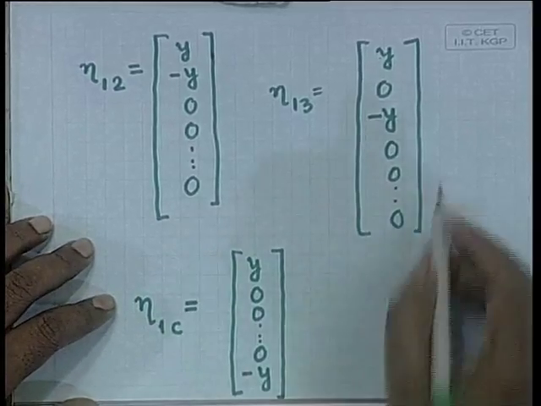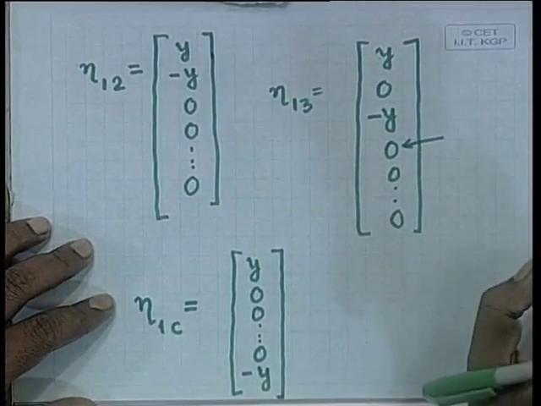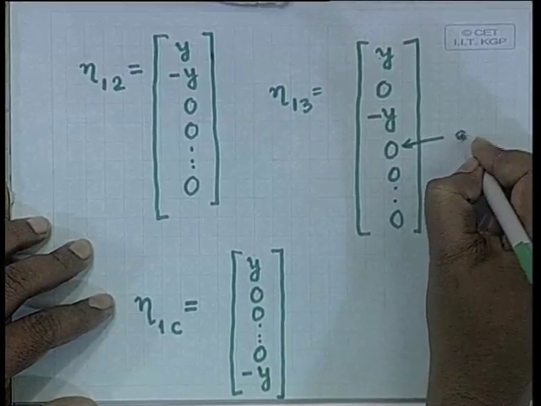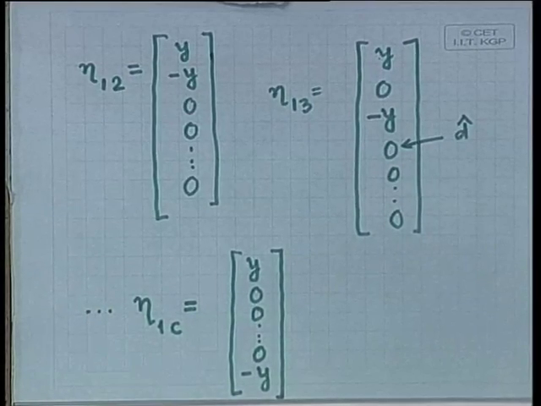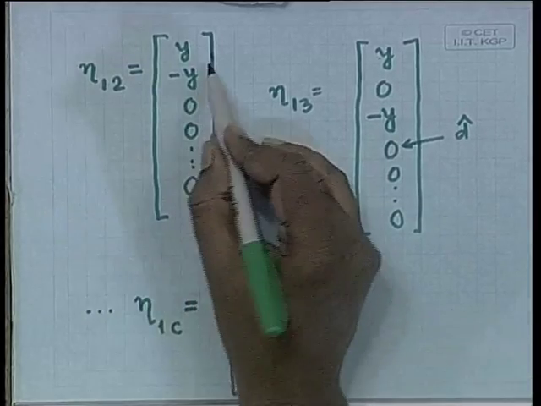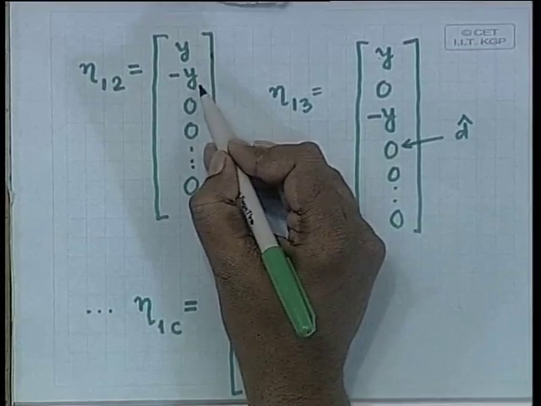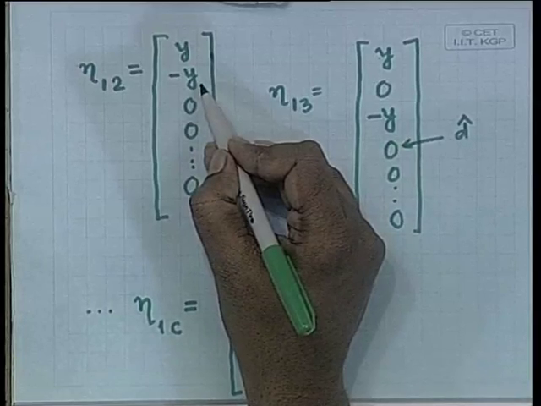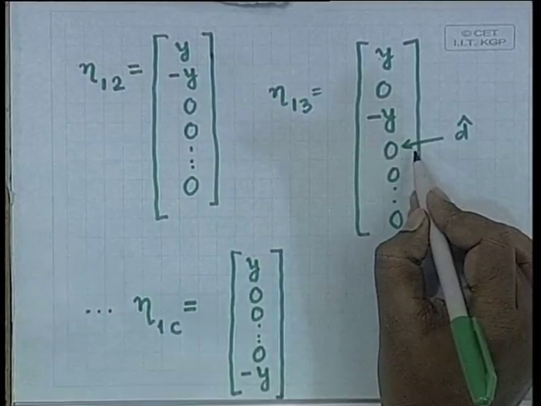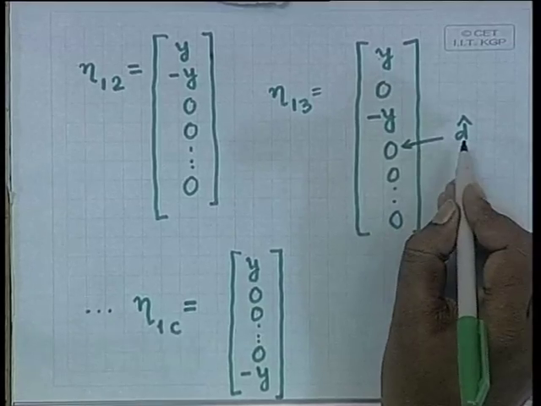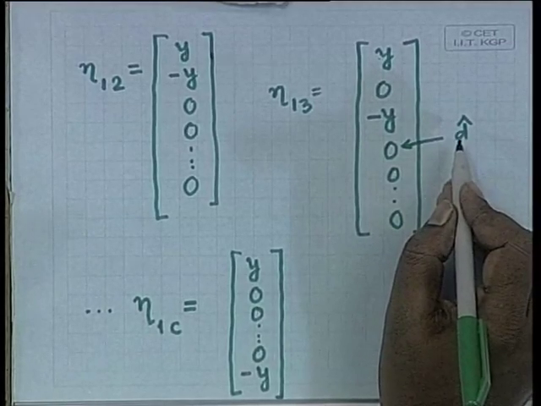What this 0 actually means is that this is a column vector of dimension d hat. Y is obviously a column vector of dimension d hat, minus y is also a column vector of dimension d hat, 0 is also a column vector of dimension d hat, where every component is equal to 0.